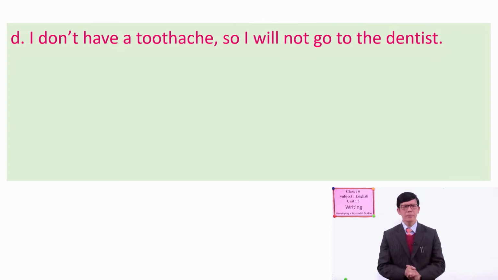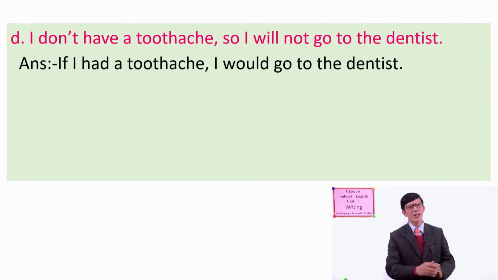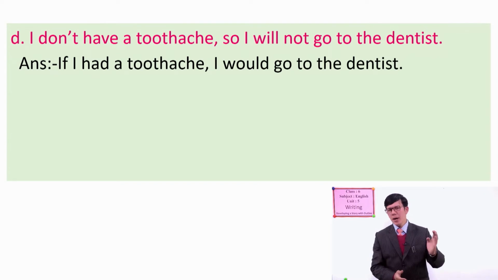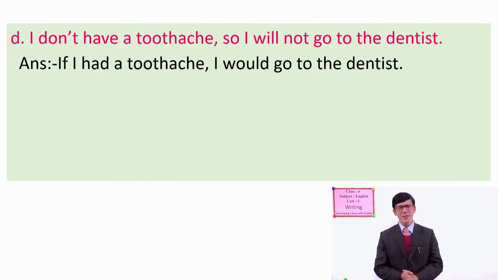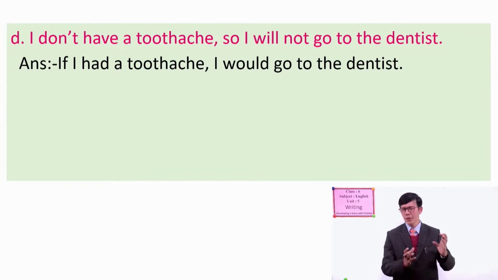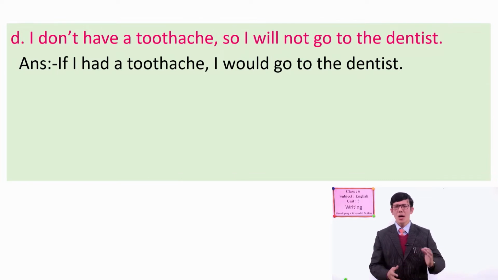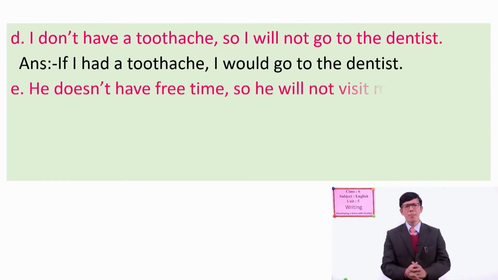Try, everybody. Very good. So if I had a toothache, I would go to the dentist, right? So there is had. If I had a toothache in the first part, the if clause, and in the main clause, I would go to the dentist. Good. Let's go to number E.